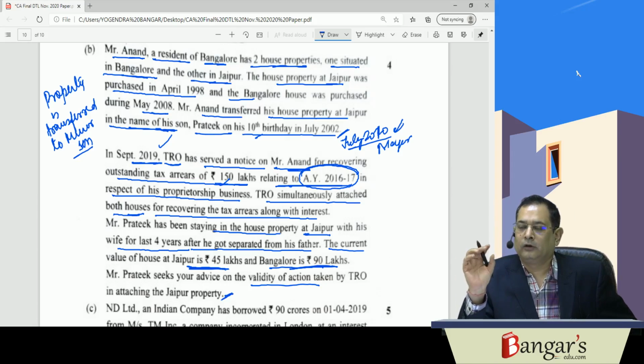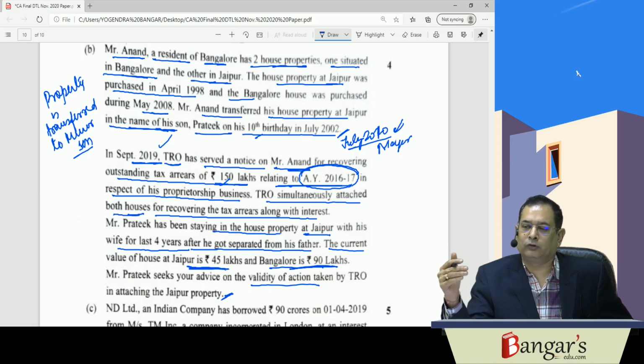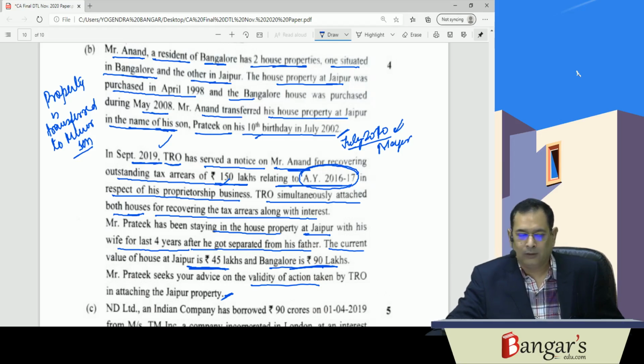Now, basically, the explanation provided in section 222 covers how the TRO will effect the recovery. He can attach the movable and immovable property of the assessee, and this will include any property transferred to his minor son, or son's wife, or son's minor son, without adequate consideration.